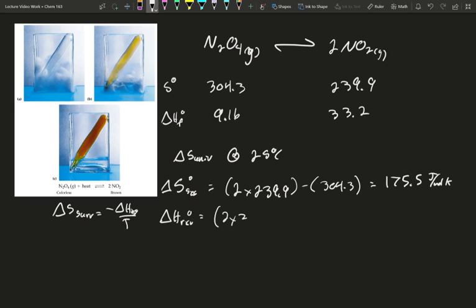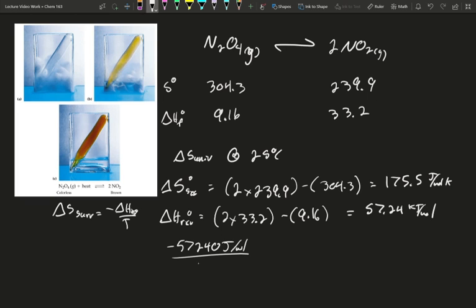So 2 times 33.2 minus 9.16, which is going to be 57.24 kilojoules per mole. Plug that in, well, negative of it, so negative 57,240 joules per mole, divided by the temp, 298 Kelvin.